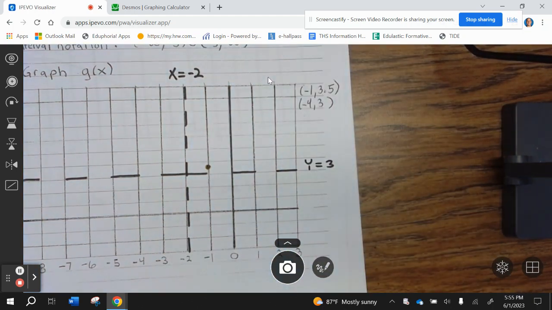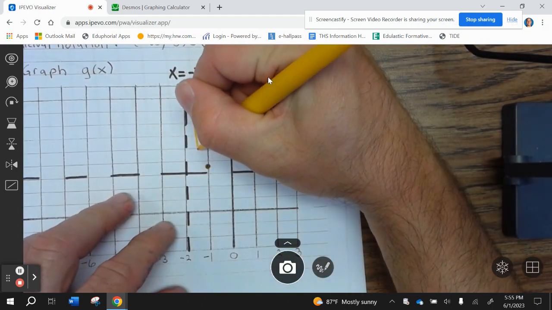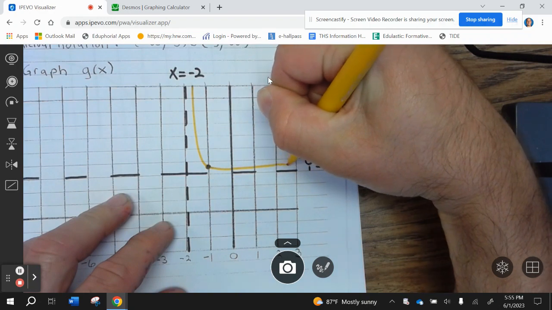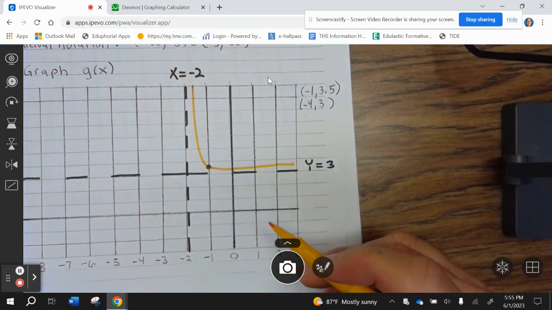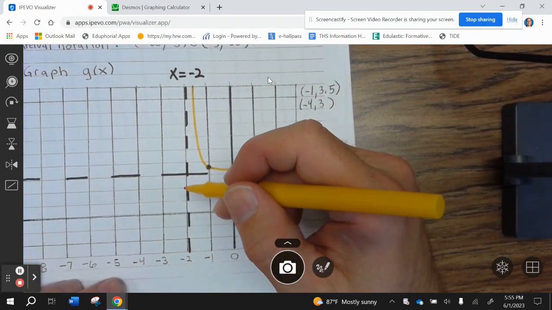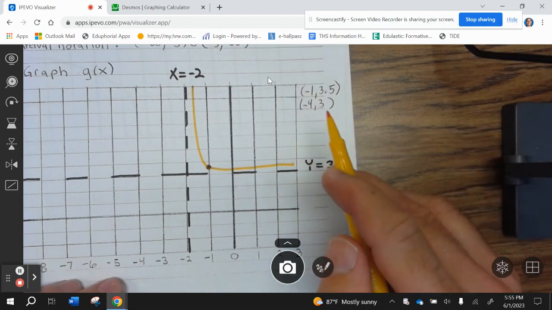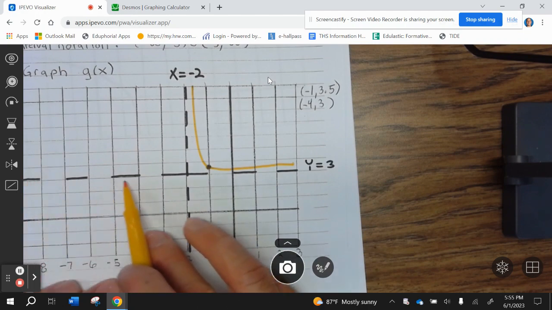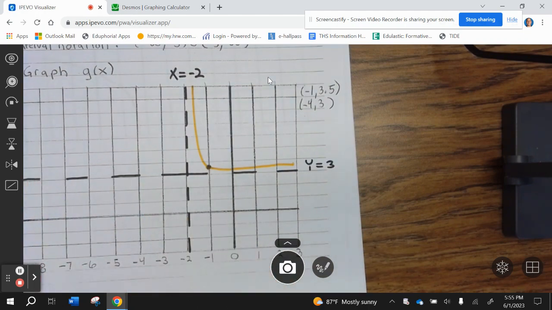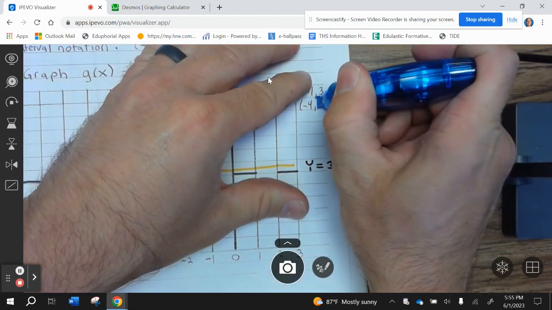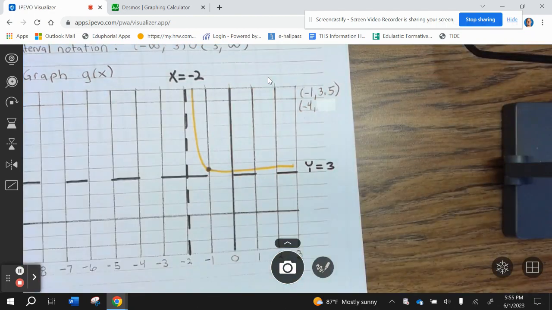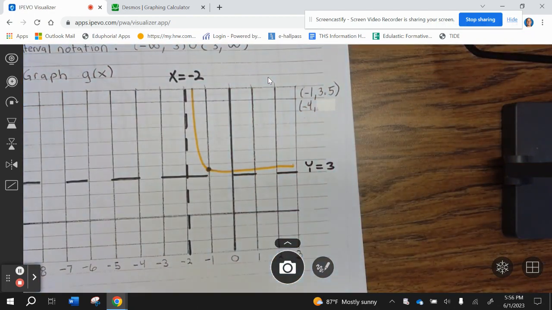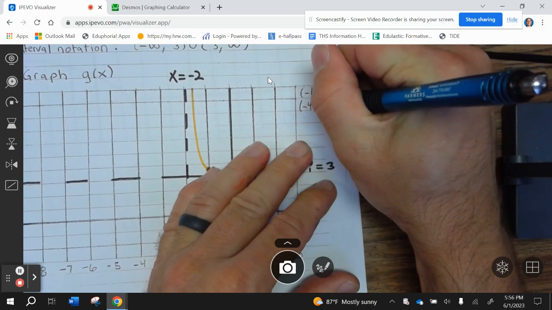Now, since the point's there, the curve has to fall along the asymptote, so it's here. And then -4, 3. Now, I made a mistake by rounding that because that's right on the asymptote. So I need to actually keep that as -4, 2.75.